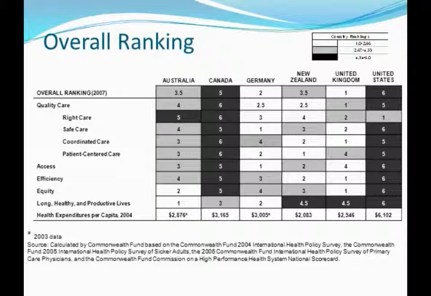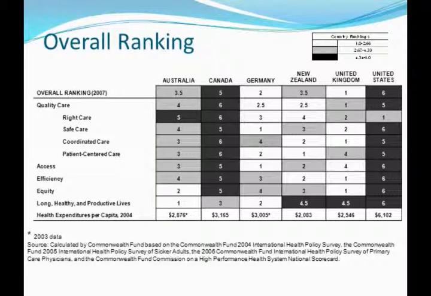Here's another table from the Commonwealth Fund showing the United States ranked relative to other countries on a lot of different characteristics. So the United States, on the far right side, on almost all of these issues in terms of quality of care, access, efficiency, equity, and long, healthy, and productive lives, we rank 5 or 6 out of 6.